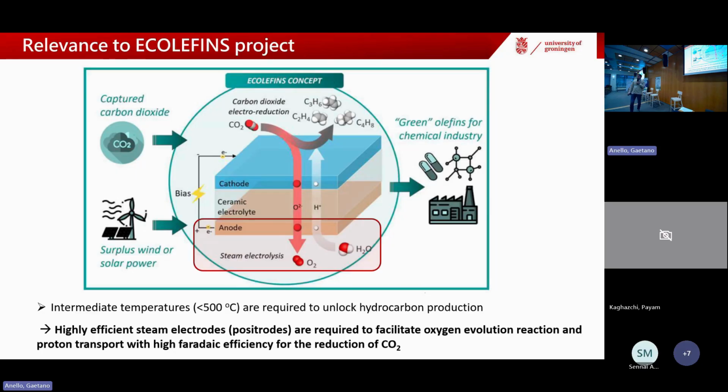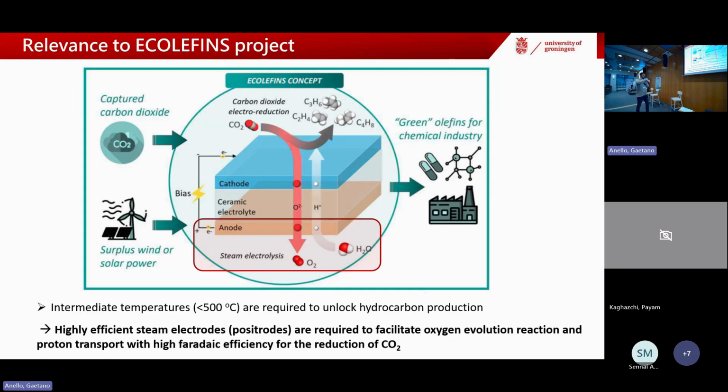Someone should supply the hydrogen, the protons in this case, for the electrolysis. And these materials are very important, and they are not at the level that we want for commercialization at this point, because we want to electrolyze steam under oxidizing environments at intermediate temperatures. So it's quite an unexplored territory.